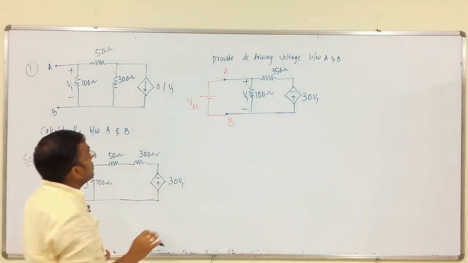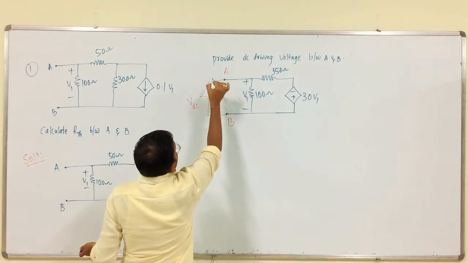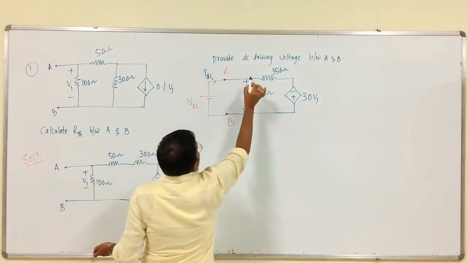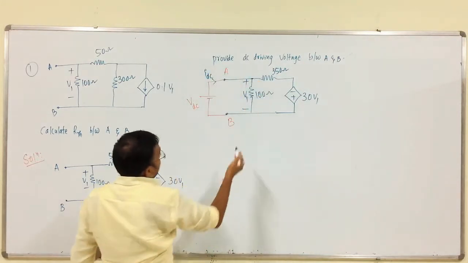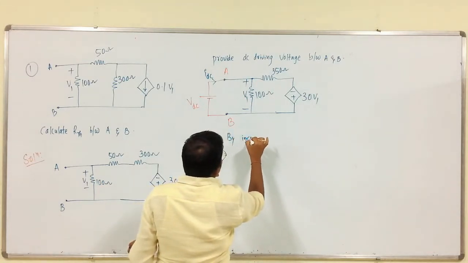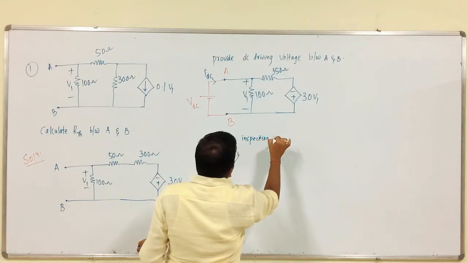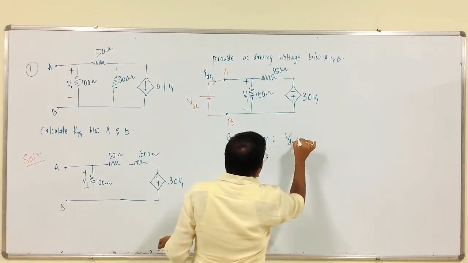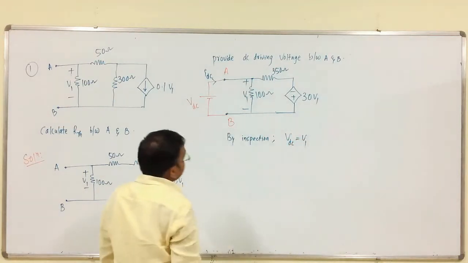So, due to this application of VDC, we have IDC. So, at this node, by inspection, VDC is equals to V1, right.